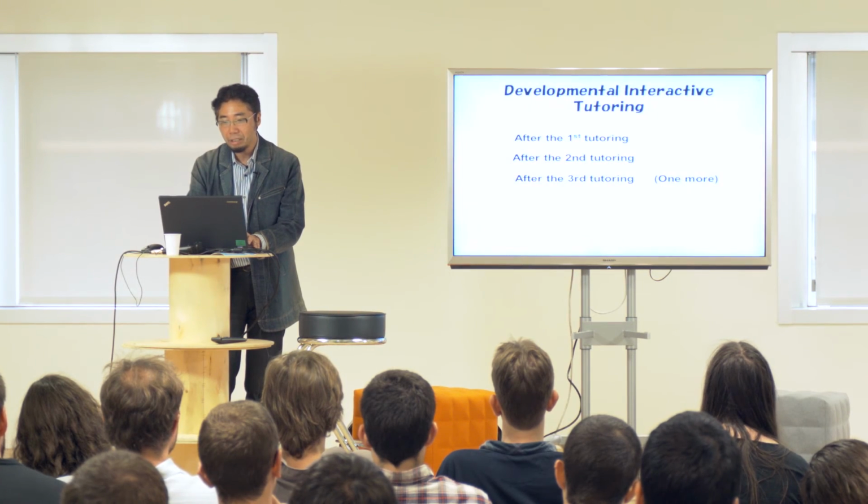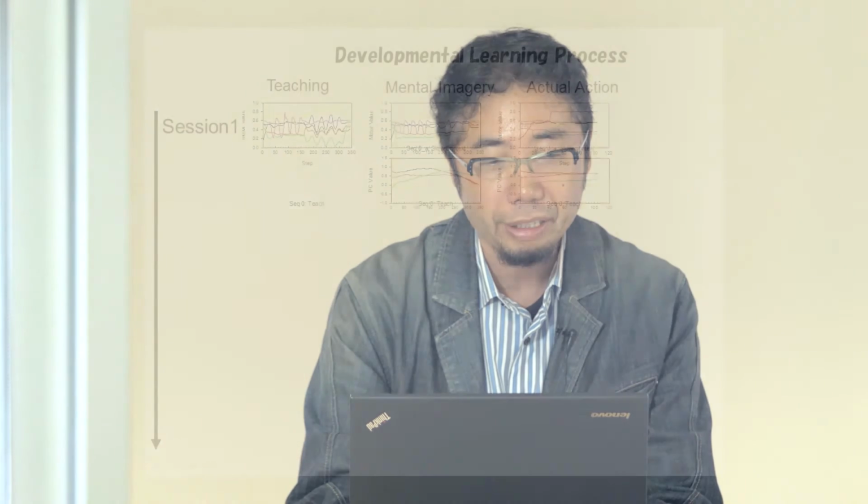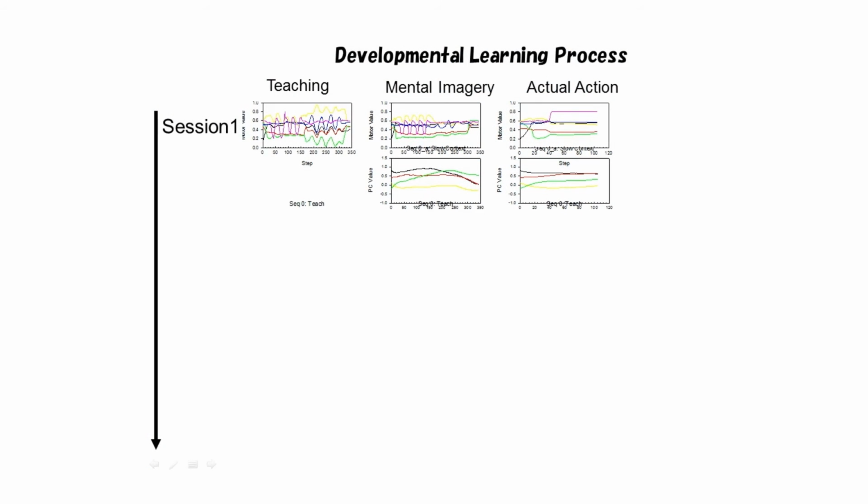If we look at the developmental pathway, we look at the task 1 sequence. After session 1, this is a teaching signal, and this is mental imagery. In the mental imagery this part is okay, but the second primitive is not generated. Actual action generation is completely wrong. He cannot do anything.